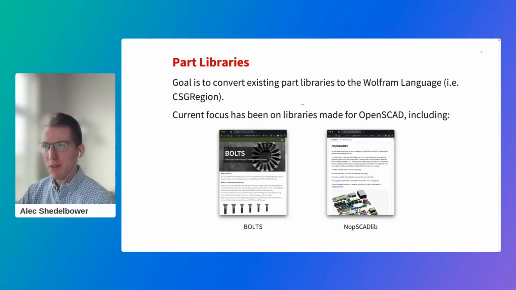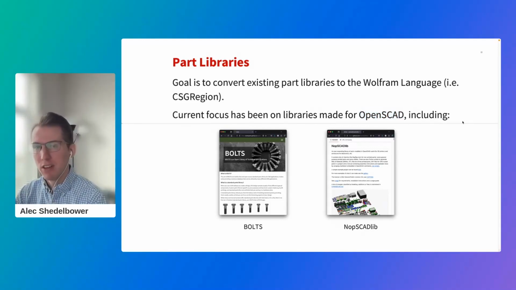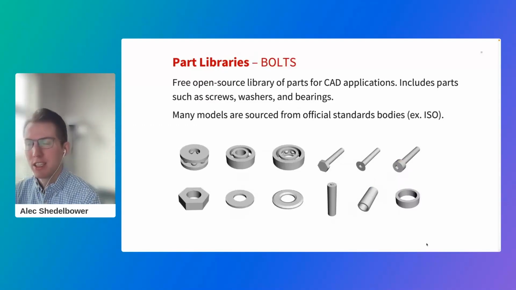So our strategy so far has been looking at libraries that are accessible through this open source software called OpenSCAD, which is a constructive solid modeling software. The two we have been working with so far are the bolts library and the NopeSCAD library. The bolts library is just a free open source parts library for CAD applications.